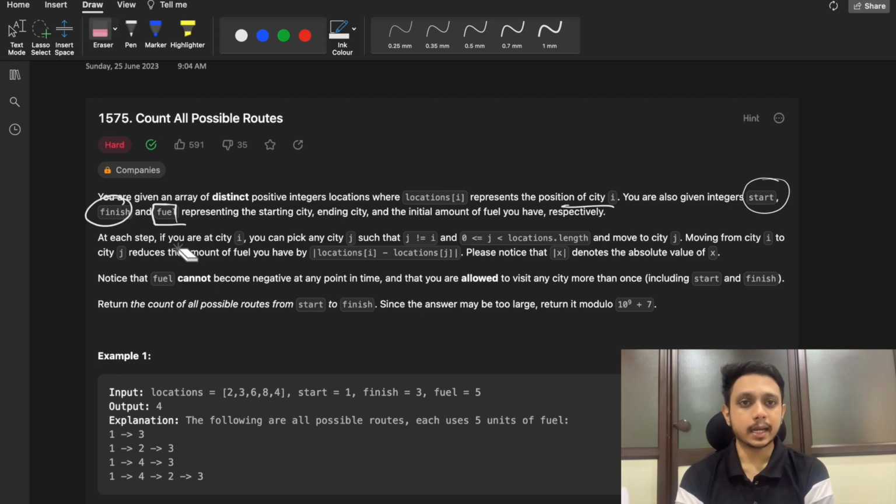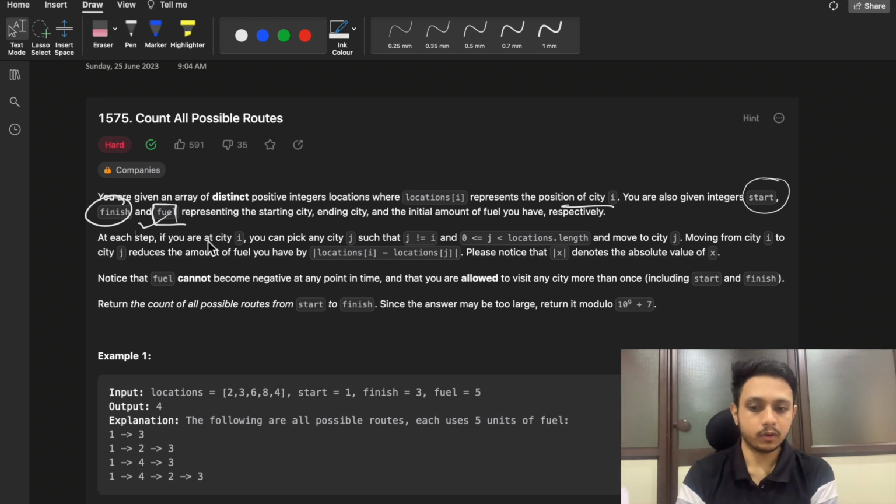Now the complexity arises when you also have to consider fuel. If you want to move from city i to city j, then the fuel cost is the absolute difference between the location of city i and city j.